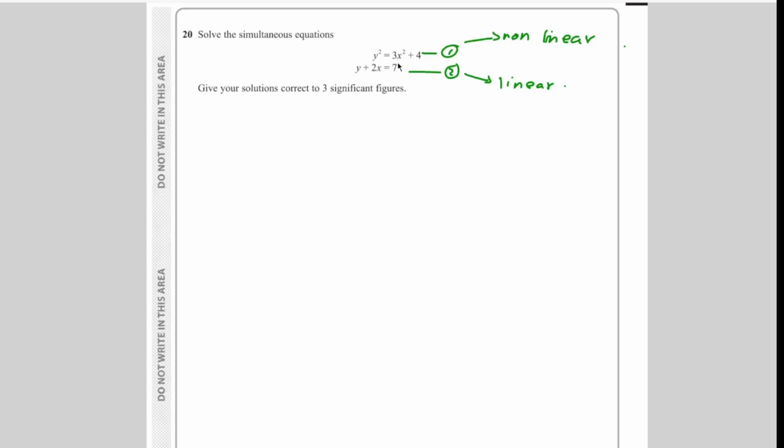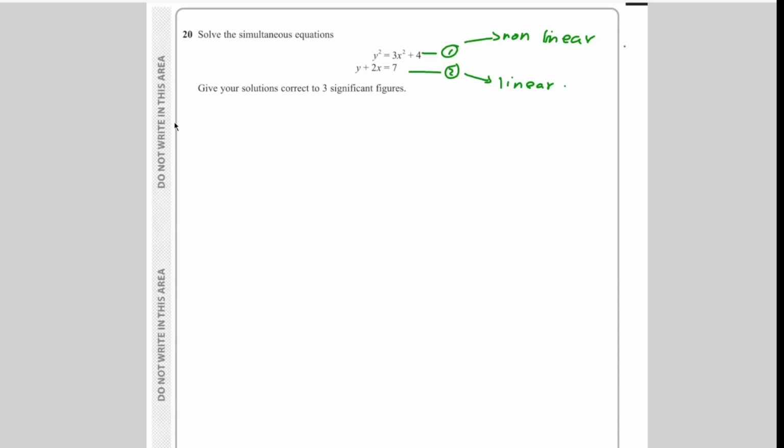So let's get that equation and subject a letter. So first step, labeling the two equations. After that, step 2 is go to the linear equation, which means go to the equation where there are no powers. After that, subject a letter.